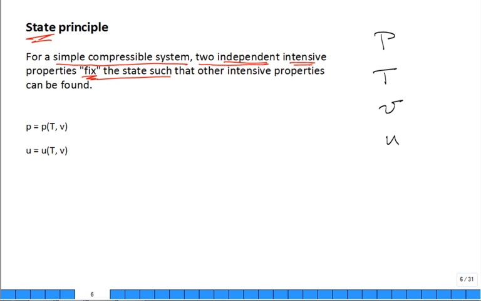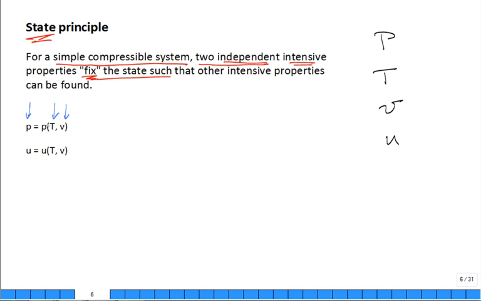So it'd be like this saying, I really want to know the pressure. If somehow I could deduce the temperature, or maybe it was given to me, and the specific volume, figure it out, calculate it, or maybe it was given to me, then in principle, I can go and theoretically get the pressure, because 2 independent intensive properties fix the state, allow me to get the other, not independent, but other properties. They're not independent then.